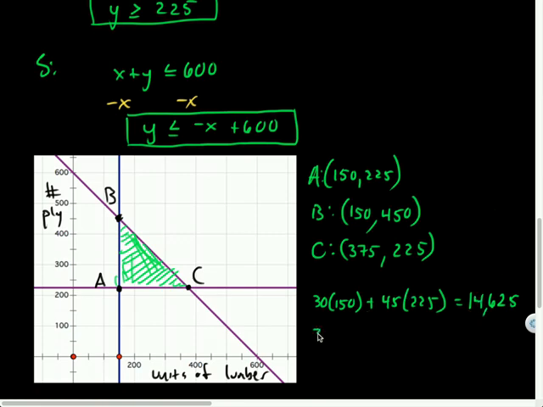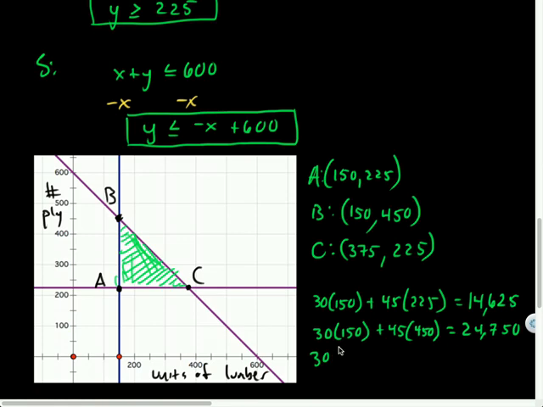Let's plug in point B, so 30 times 150 plus 45 times 450. This one's going to be a pretty penny, if I'm not mistaken. So 45 times 450 plus 30 times 150 is 24,750.